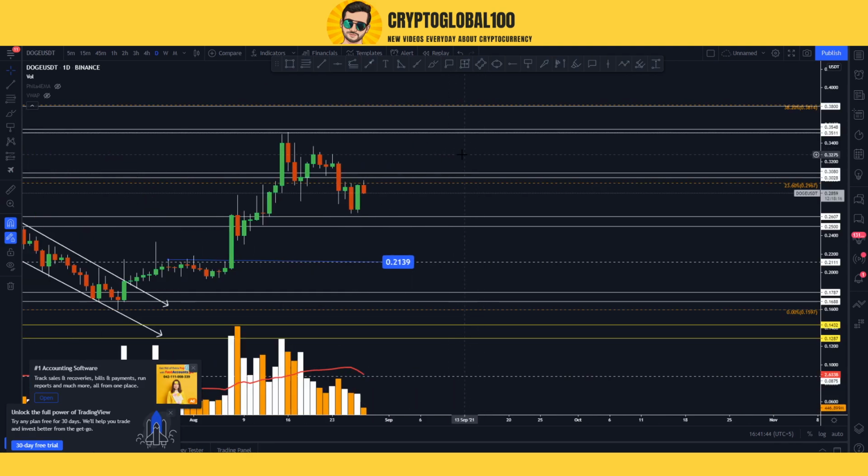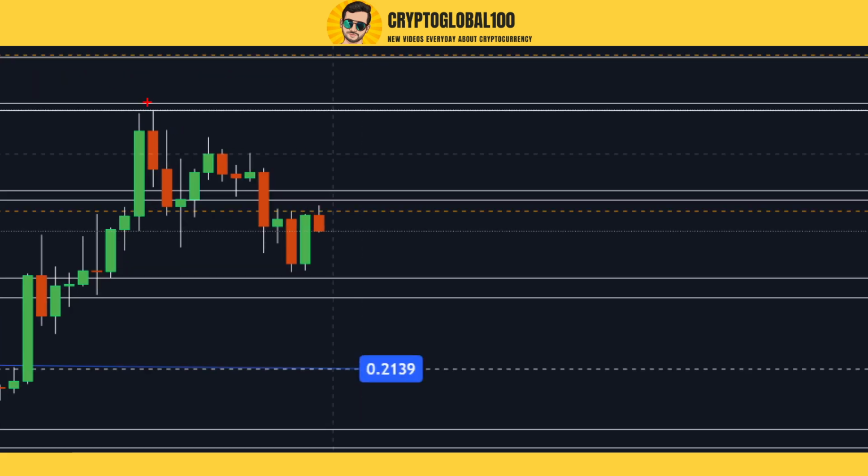Let me readjust it. First swing high, then made a lower high, then made another lower high, and this was the downtrend. It was going down in order. And if we look from the downside, you see a swing low, then a higher low, higher low.